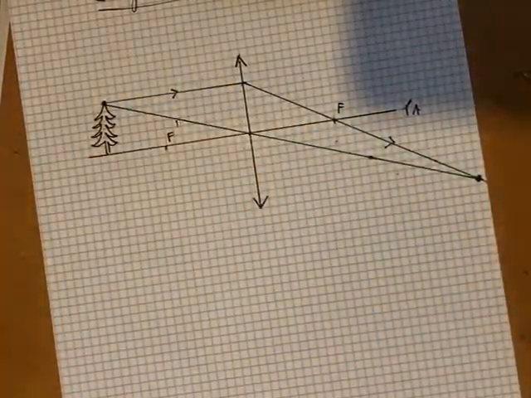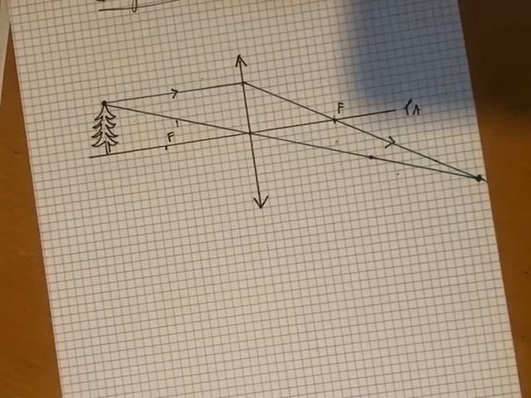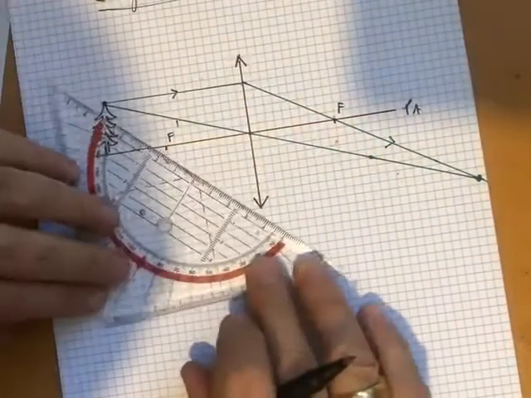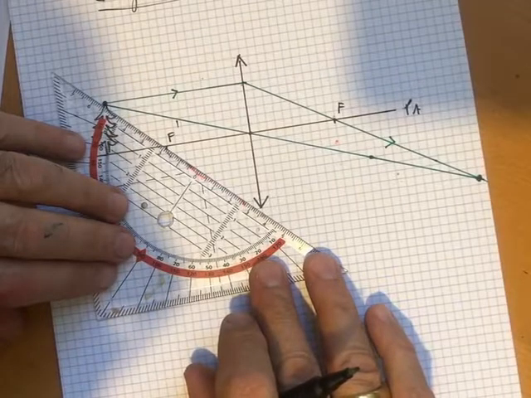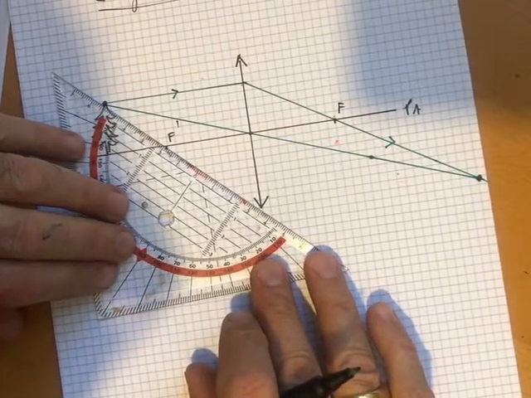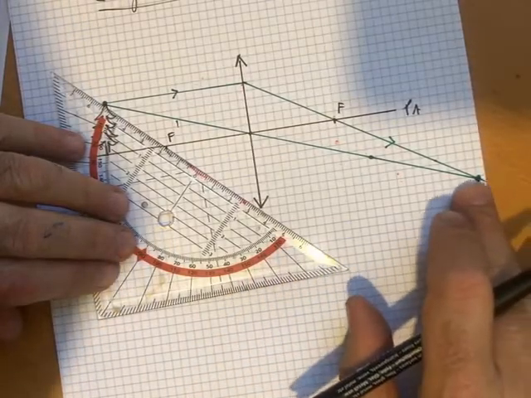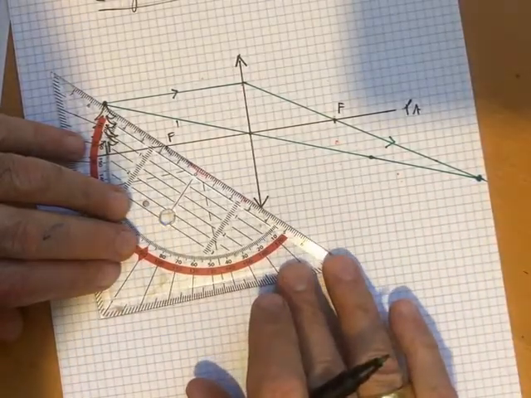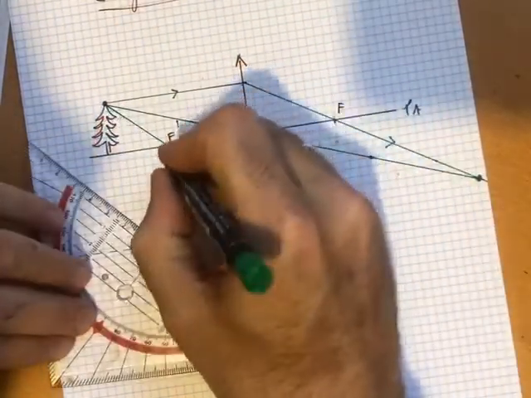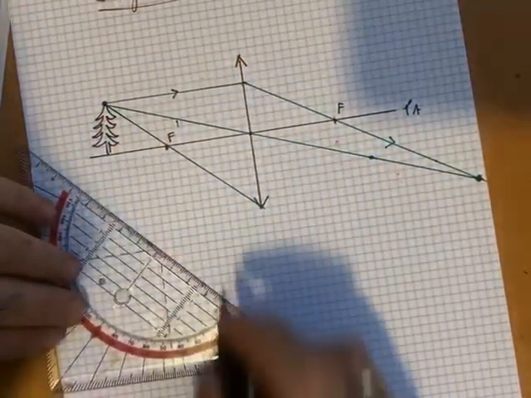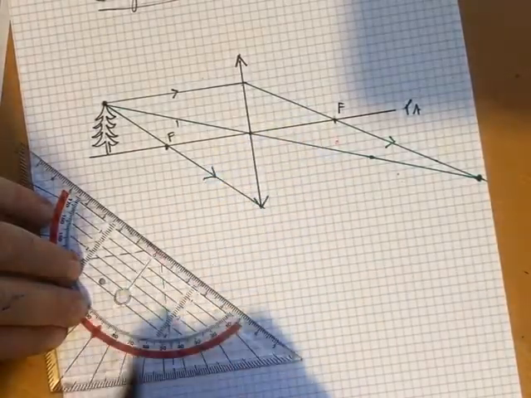Now, one thing I didn't tell you, but I should, is that we have a third remarkable light beam. So let me try to do the drawing not too wrong. This is the light beam which passes through the focal point. Where is it going after the lens?